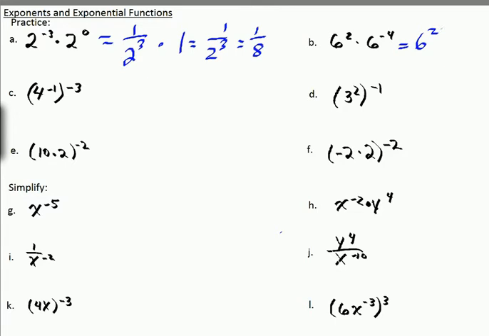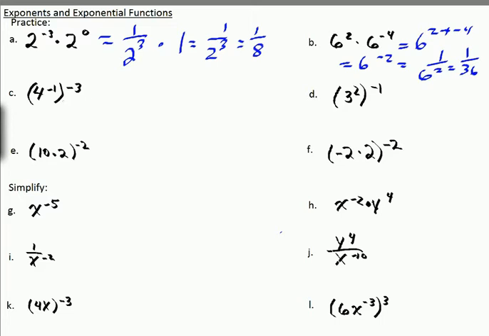So I have 2 plus negative 4, which gives me 6 raised to the negative 2, which is 1 over 6 squared, which equals 1 over 36.